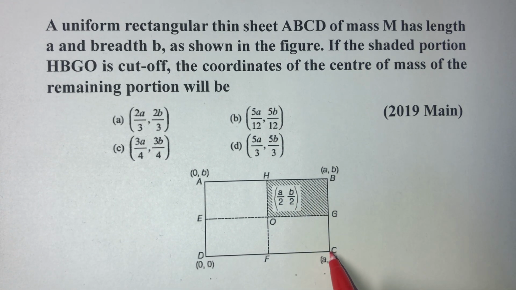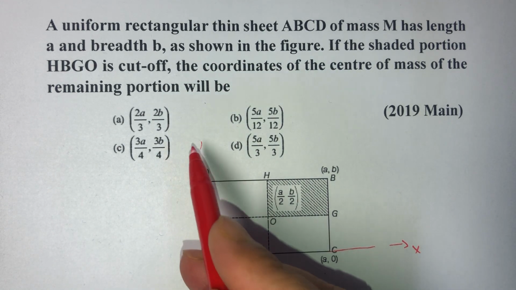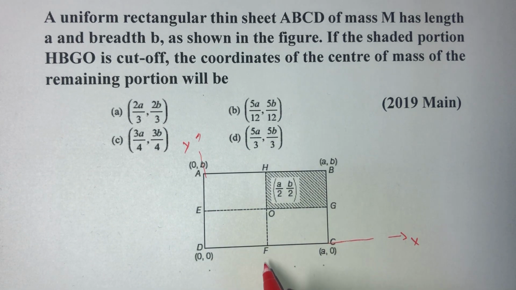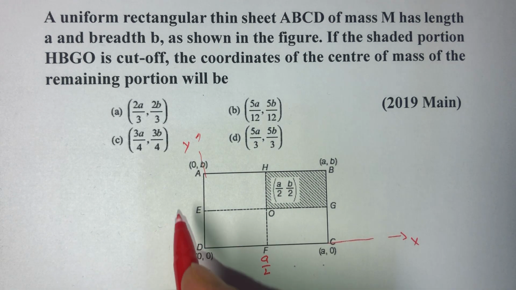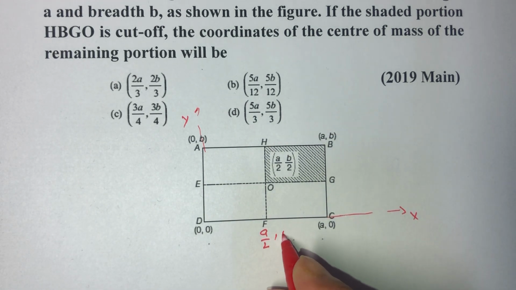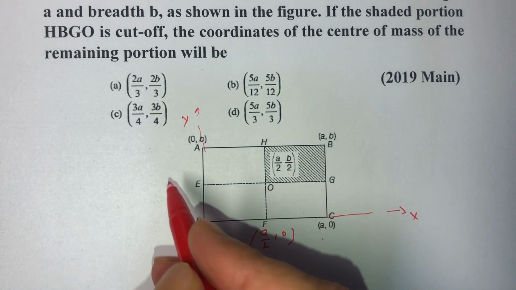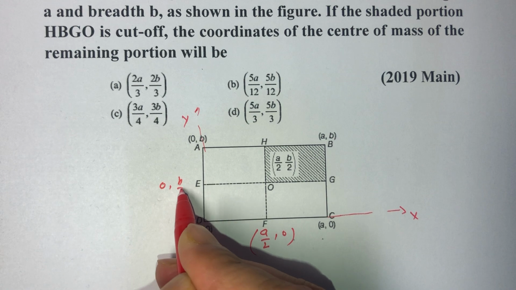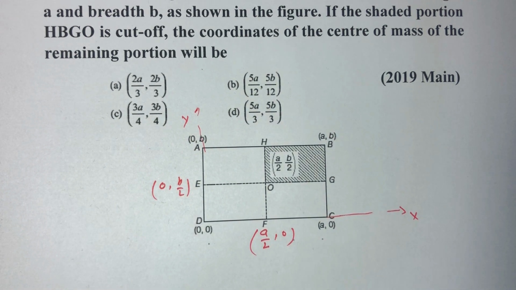Okay, let us suppose this is the x-axis and this is the y-axis. So we can say this F point will be A by 2, 0, and this E point will be 0 and B by 2.